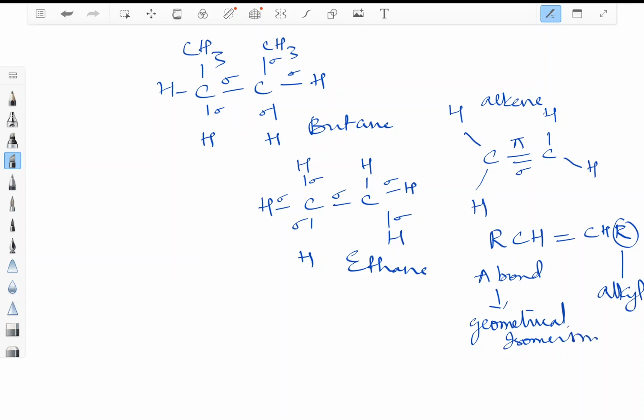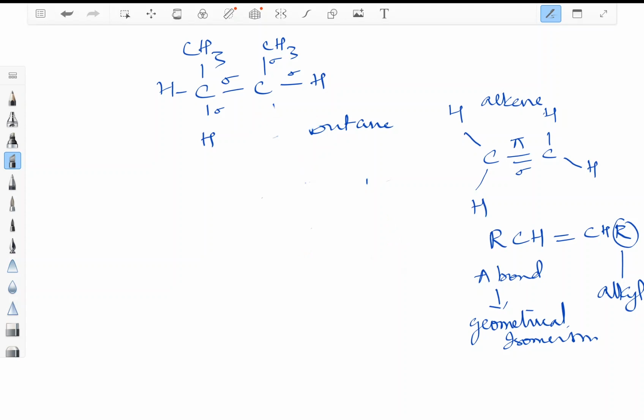In geometrical isomerism, what happens is there is restriction in rotation of the compound. You know, in the three-dimensional structure of any compound, there is rotation.